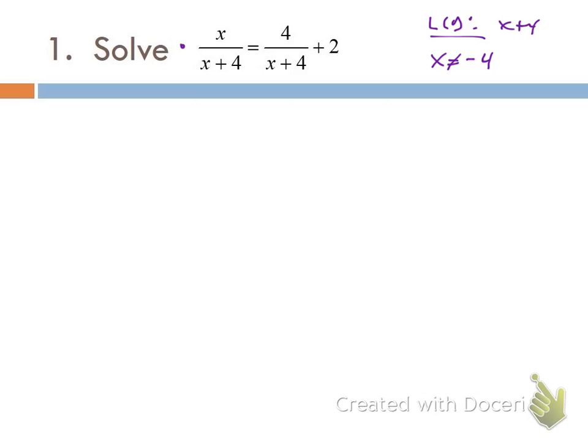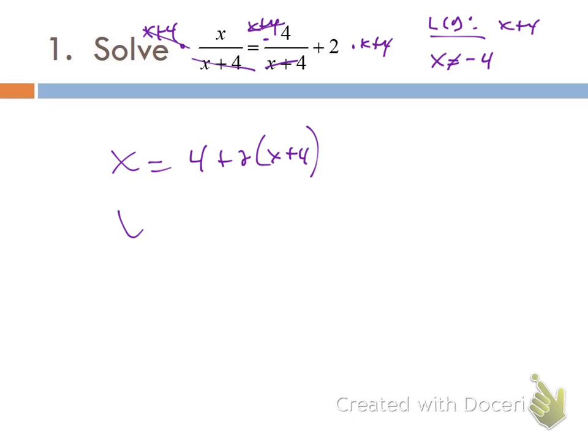So we're going to multiply everything by x plus 4. Divide out these x plus 4s and we get x. Divide out these x plus 4s and we get 4. And then distribute the 2, because that x plus 4 doesn't have anything to divide out with it. And now we just go solve, right?